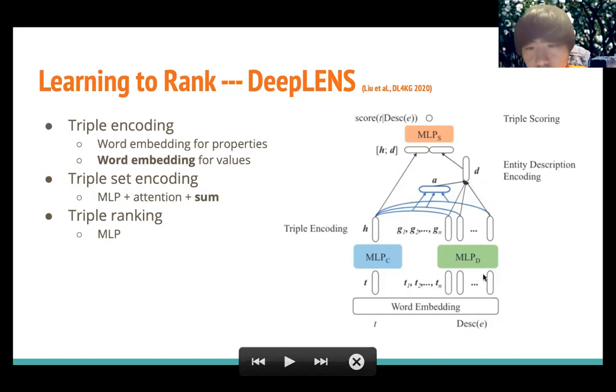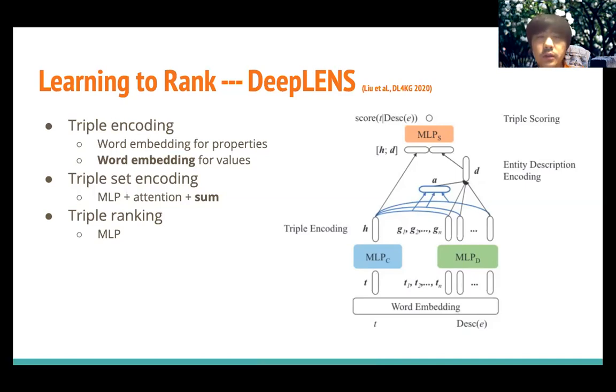encoding each single triple here, we do not use a bidirectional LSTM, because LSTM is frequently used to encode a sequence of items, a sequence of triples, which means that we need to decide how we order the triples. But triples are in a set. There is no natural order for a set.